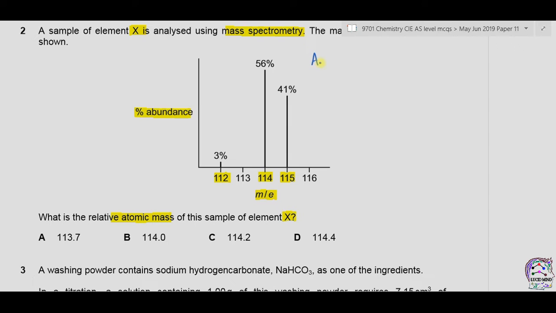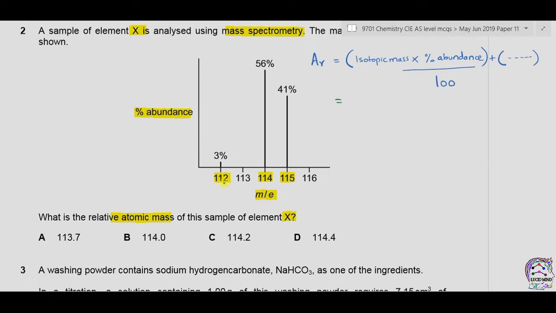Now we can use the formula for relative atomic mass. So relative atomic mass is equal to isotopic mass into percent abundance of first isotope plus again isotopic mass into percent abundance of second isotope and so on, divided by 100.